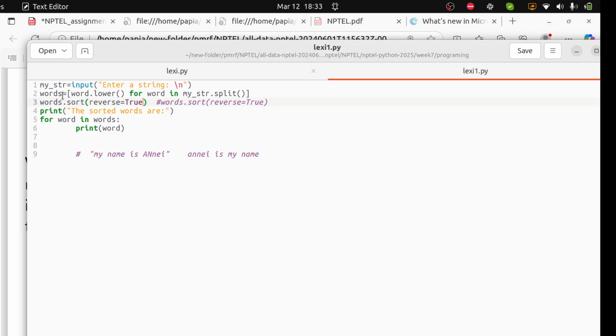No, see here what is happening. Words equals to, so let's say it is like my name is Annie, this is the input in our case. So for this case, this is my string, right? Yes. So my string will be this whole one. Now forget about this line, because this is just lowering and uppering the case.